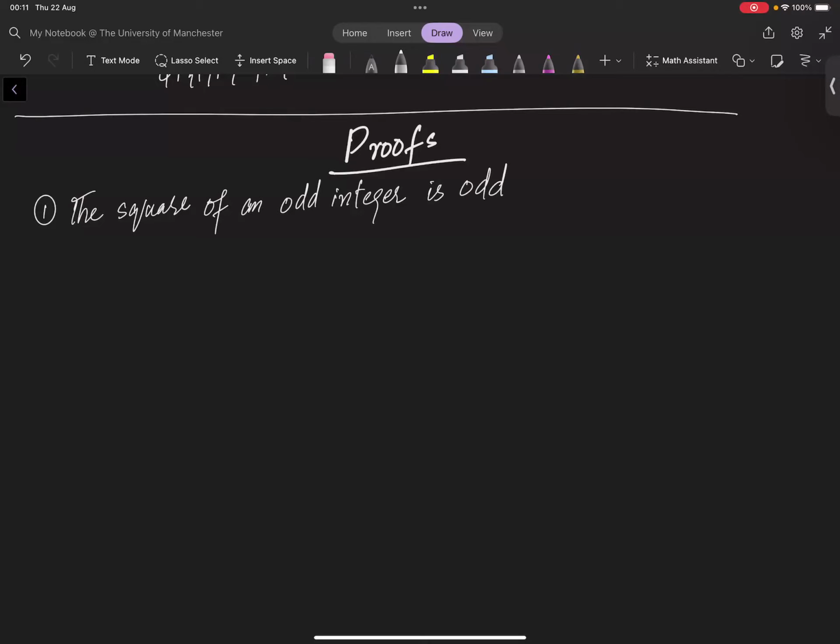And by an integer, we mean a whole number, like -2, -1, 0, 1, 2. These kinds of numbers.